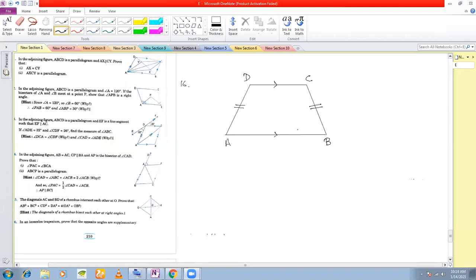Okay, Devangshi, tell me. Opposite angles are 180 degrees. What do you mean? Supplementary means 180 degrees.